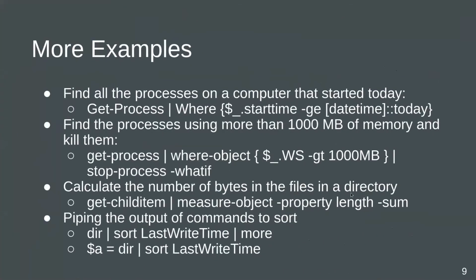So some more examples. Here's an example of me doing get process, same as the PS command, then piping that into where object, where the memory, WS, is greater than 1000 meg, 1 gig. And then piping that into stop process.